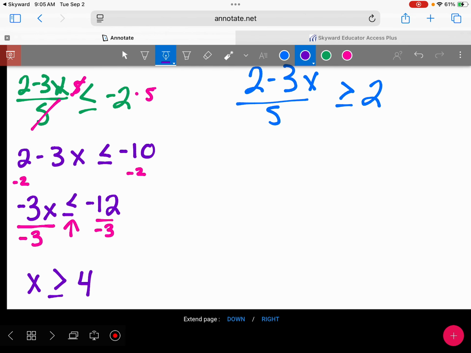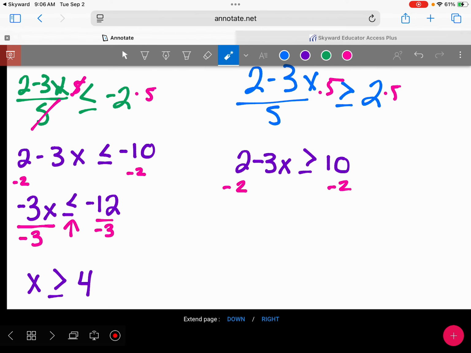And then we're going to do the same thing with the other fraction. Very same vibe. We're going to take and multiply by 5. So we're going to have our 2 minus 3x is greater than or equal to positive 10. This was times by 5. This one is times by 5. And then again, we're going to subtract our 2. We're following those exact same steps.